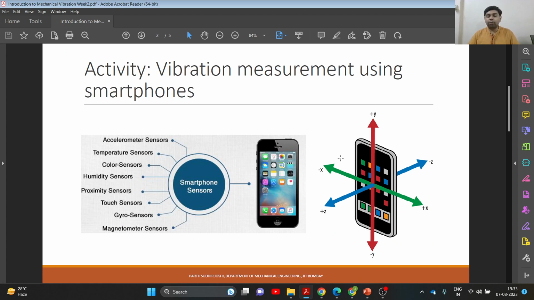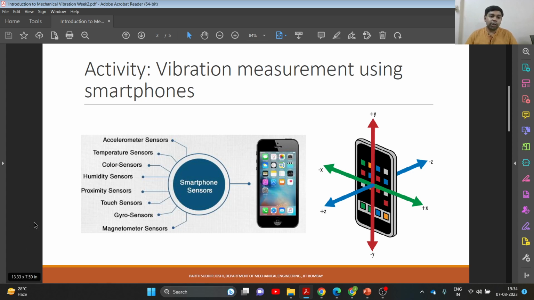Our smartphones have lots of sensors like accelerometers, temperature sensors, color sensors, humidity, proximity, gyro sensors, and magnetometer. For example, the screen auto rotate feature: how does the mobile know that the phone has rotated?